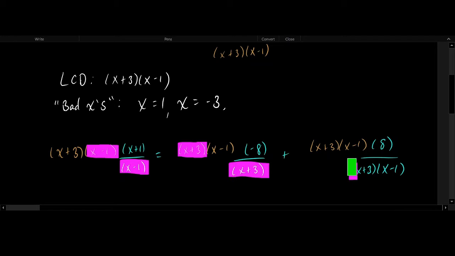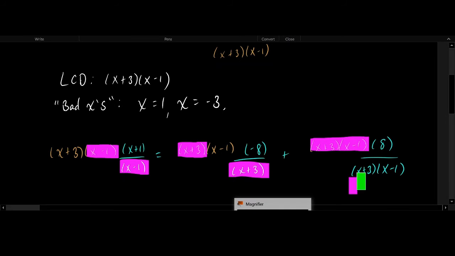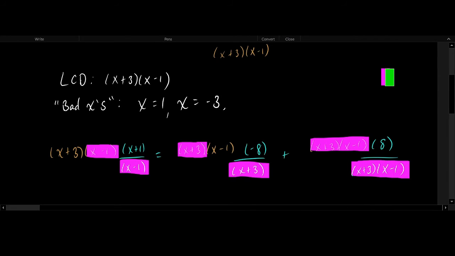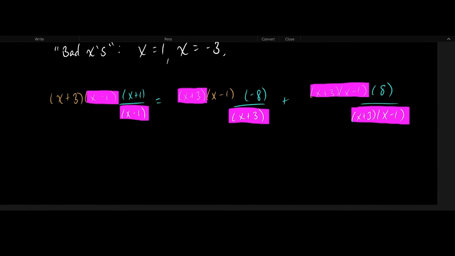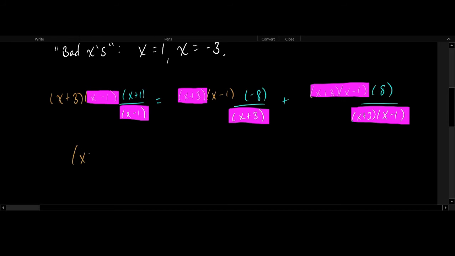And then looking at the last fraction, we have an (x+3)(x-1), which both cancel with the (x+3)(x-1) in the denominator. So, being able to eliminate all of that, let's see what we have left. We now have (x+3)(x+1) = (x-1)(-8) + 8. That is what survives after simplification.